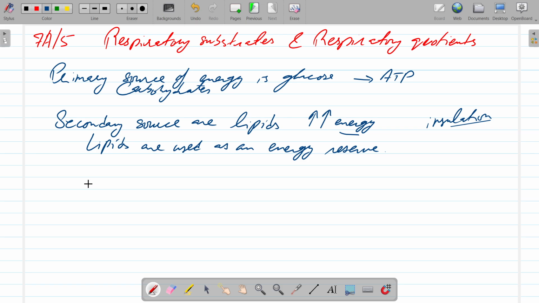Now, how does that work? So, fatty acid molecules are long carbon chains or hydrocarbon chains.